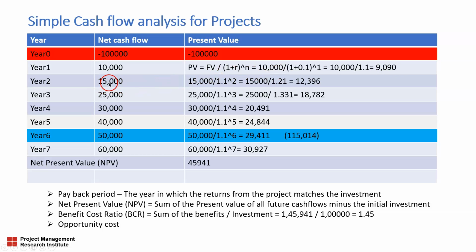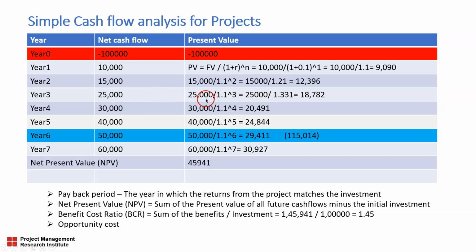Similarly, I'm calculating for year 2, the forecasted net cash flow is 15,000. The equivalent present value is 15,000 divided by 1.1 to the power of 2, because this is year 2, and that is equal to a present value of 12,396. And that is the case in year 3.